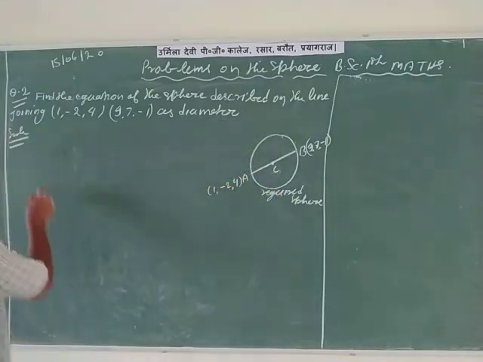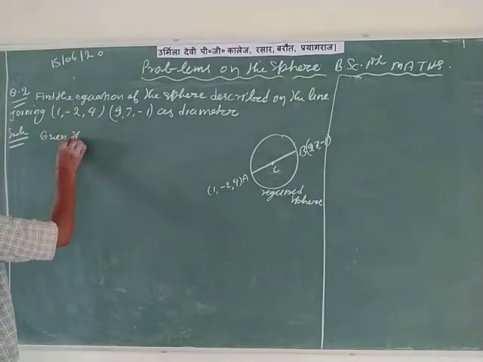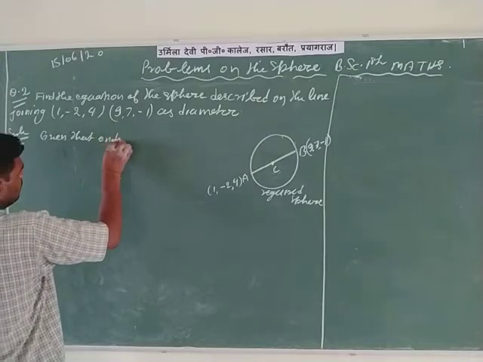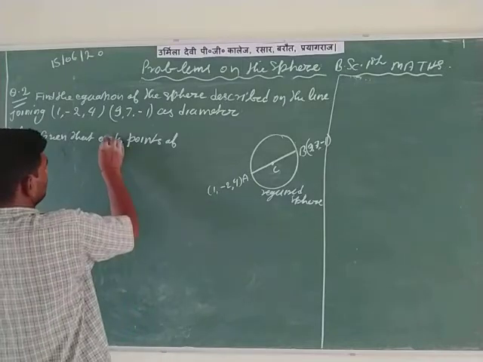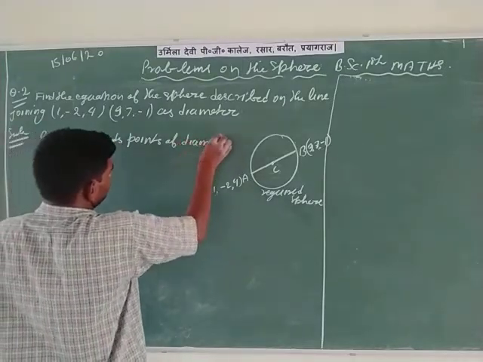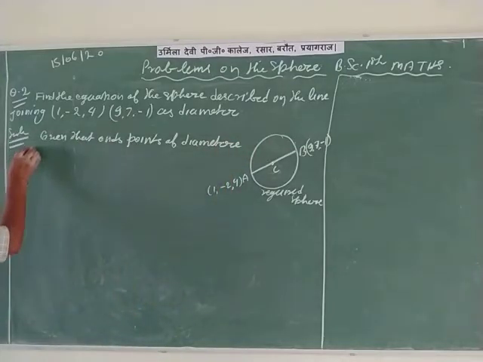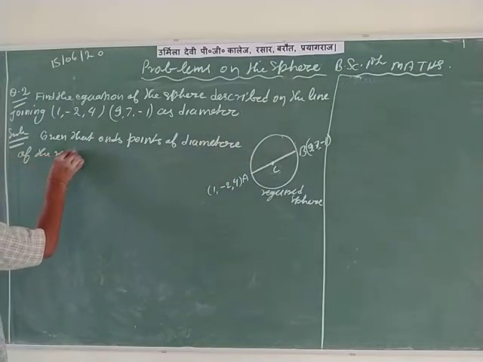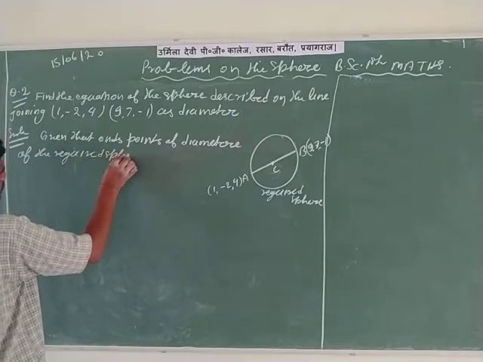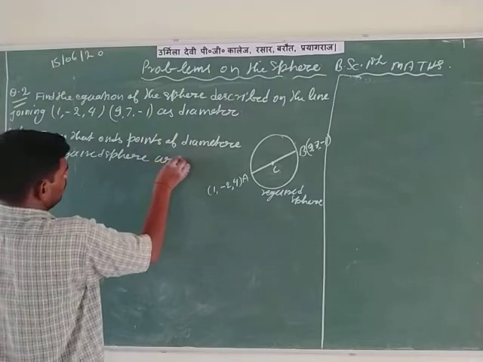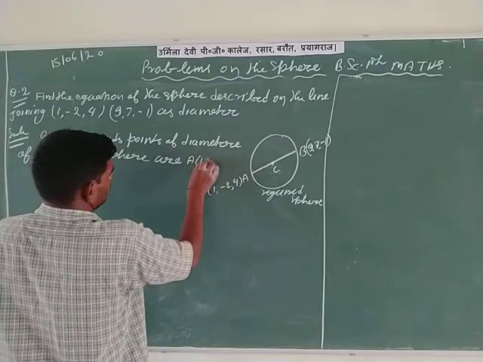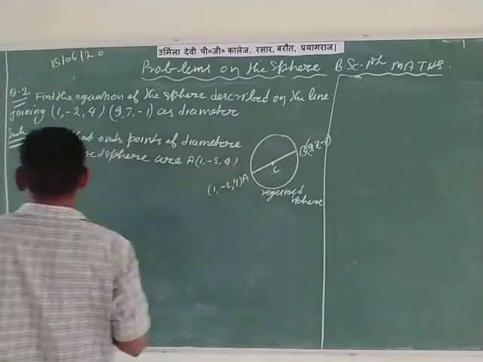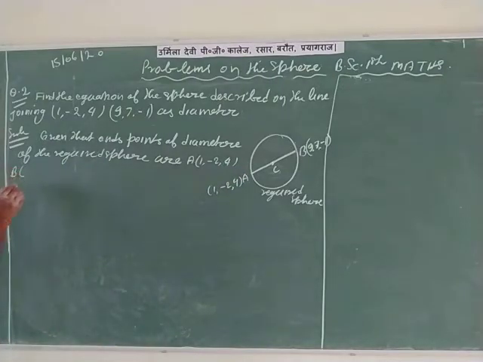So here write, given that the end points of the diameter of the required sphere are, suppose the first point is denoted by capital A, so its coordinates are 1, -2, 4, and the second point is capital B, whose coordinates are 9, 7, -1.